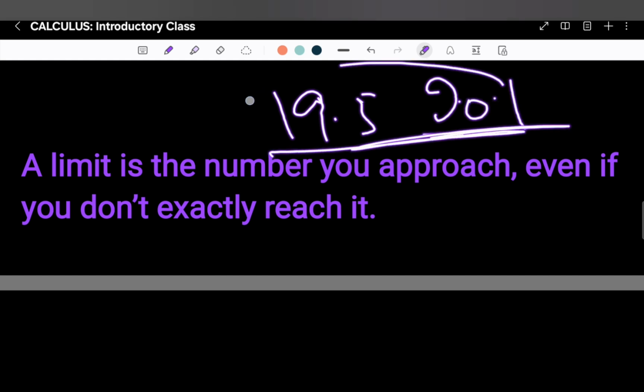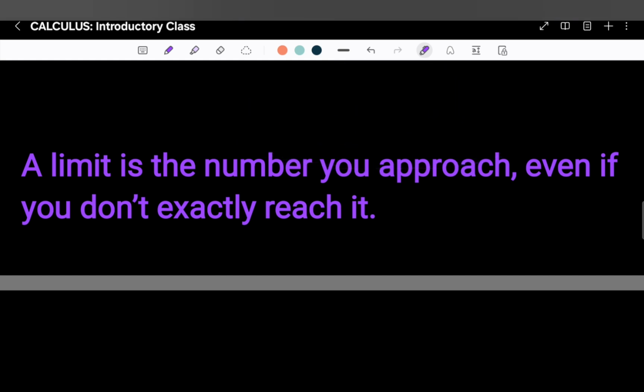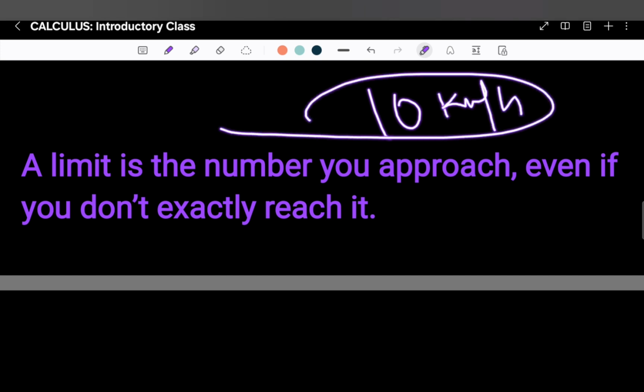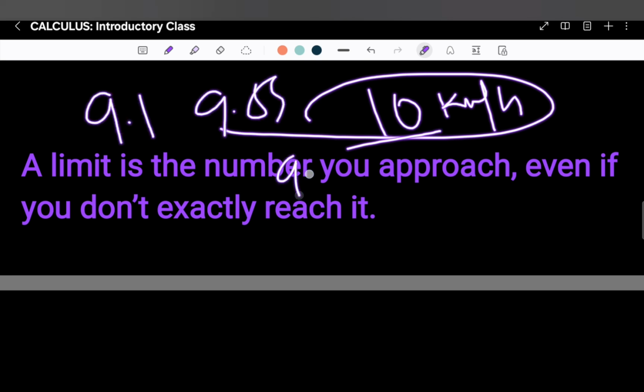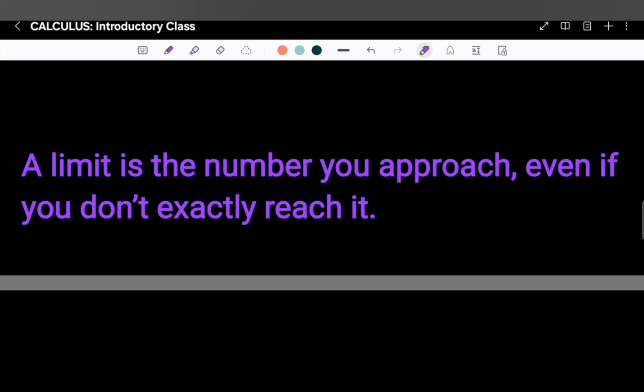You can get these answers too, but the matter is that you are approaching, you are going towards the distance, that is 20. Same in the case of speed. If it is 10 kilometers per hour, you may not reach the exact speed, but still you are approaching it, like 9.1, 9.55, 9.99. So a limit is the number you approach even if you don't exactly reach it.